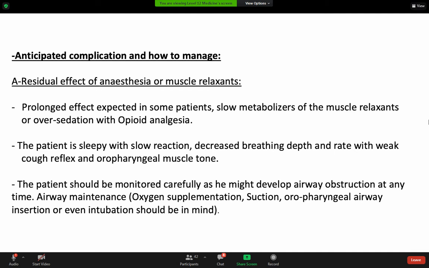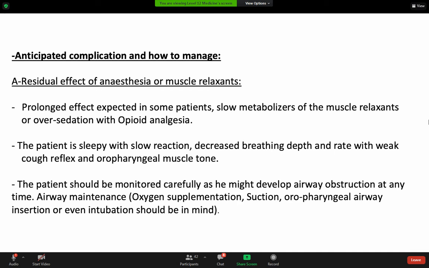What can happen? The patient becomes sleepy, with decreased breathing depth and rate, and the cough reflex is weaker than in others because of the muscle relaxant. So he might get aspirated or desaturated. That's why we need to observe.